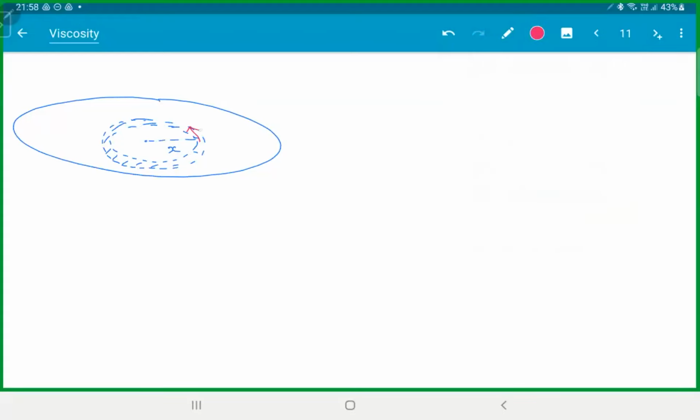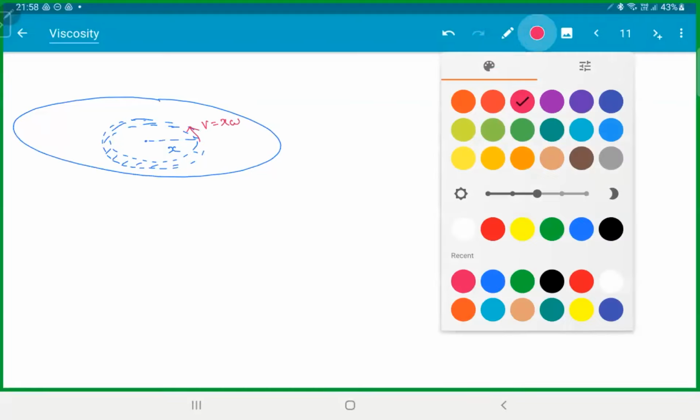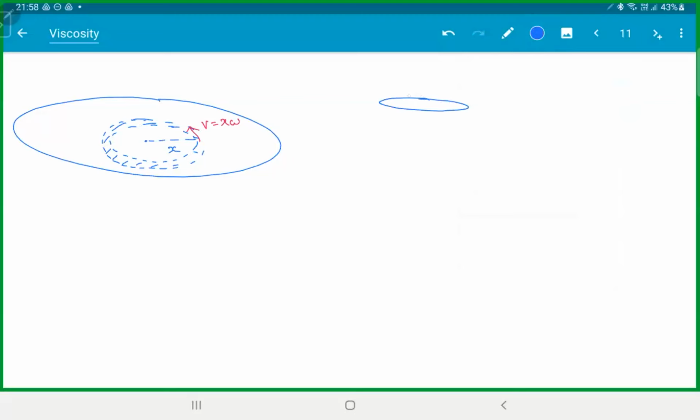This ring is going with a velocity x omega. So on this ring, the friction force will be backward.